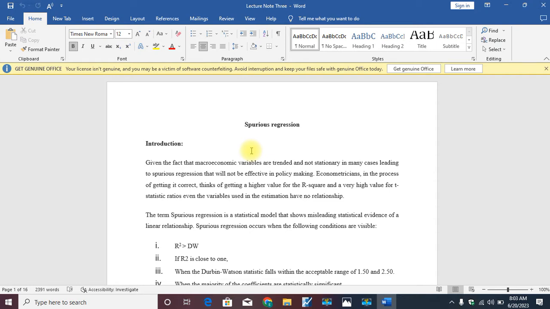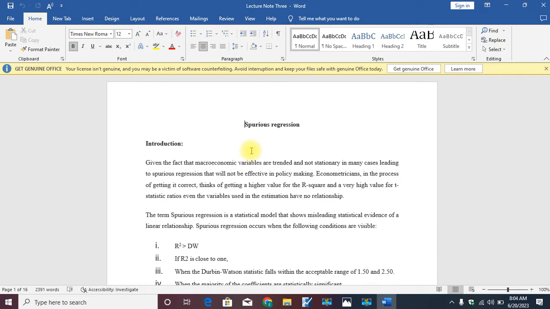Basically, in OLS estimation, just like the one I did the other time, there is always an issue associated with the R-squared and the DW statistics, as well as the signs and the significant disposition of the coefficients.